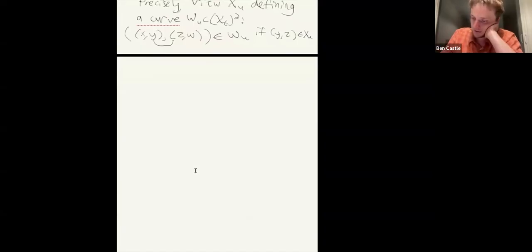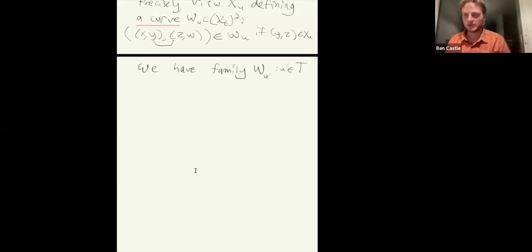In particular, we have a family of things of the form, say, WU prime, for all the U primes. So we can fix T, we can fix our XT and then take the collection of all of these WUs for U varying.